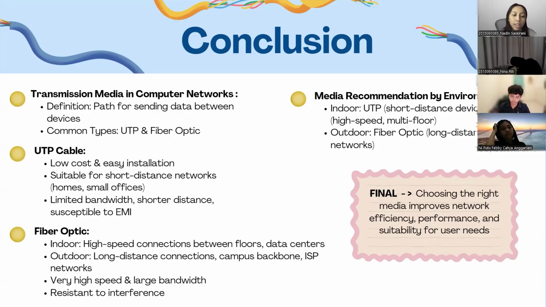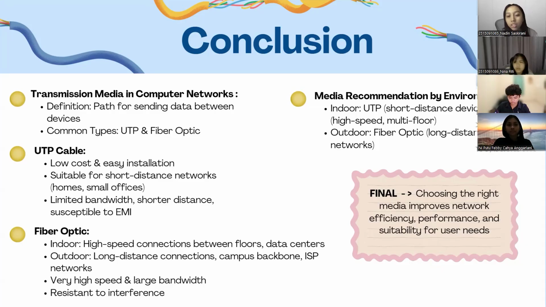While fiber optic is usually used indoors because it provides high-speed connection between floors and data centers, it is also used outdoors because of its long distance connection, campus backbone, and ISP networks. It has very high speed and large bandwidth, and it is also resistant to interference.